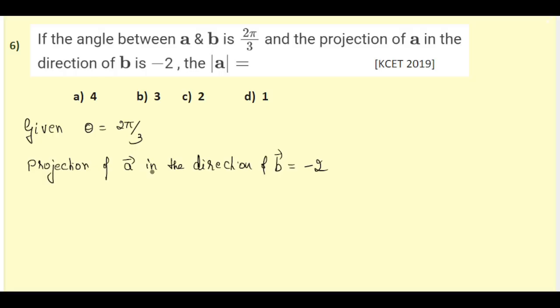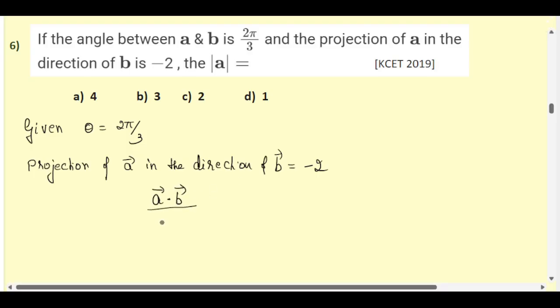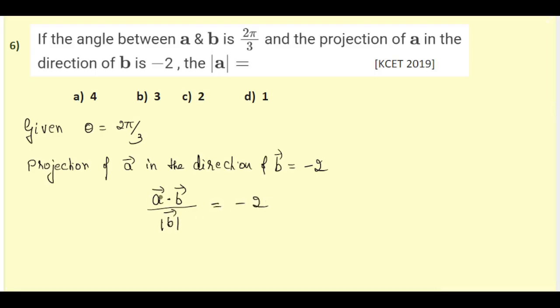So the formula to find the projection of A in the direction of B is dot product of A and B divided by magnitude of B vector, which is equal to -2. So we know A dot B equal to magnitude of A into magnitude of B into cos theta.